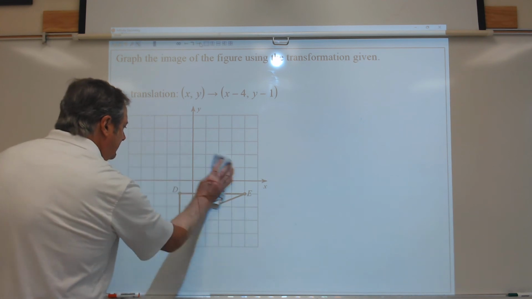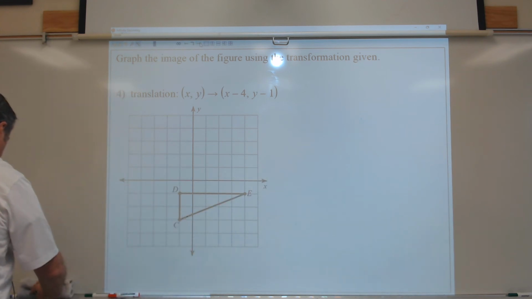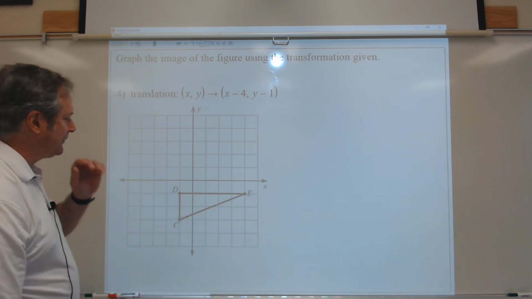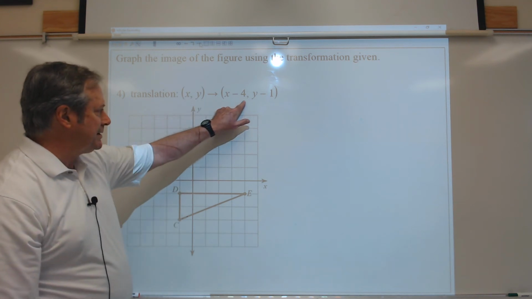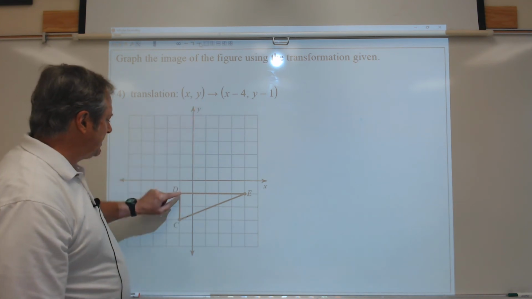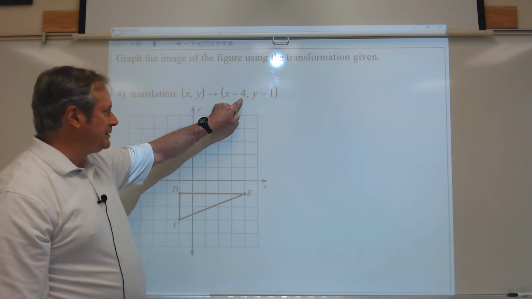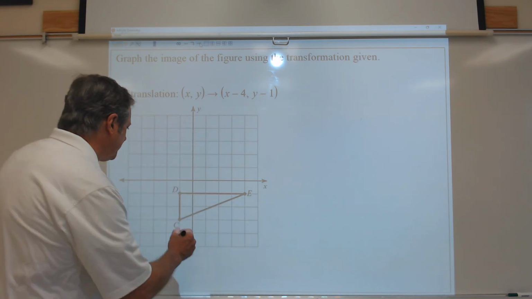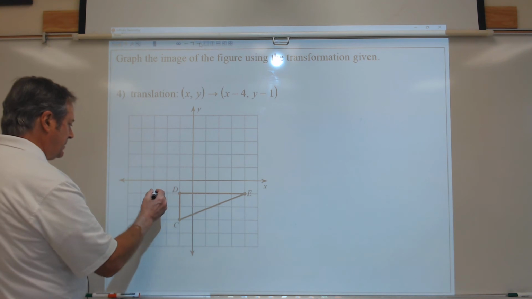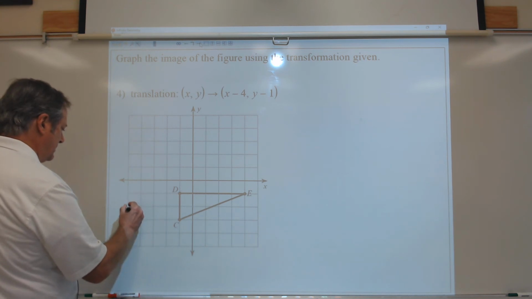All righty, here we've got a triangle. This particular transformation is a translation. Here's the rule. We take every XY ordered pair, we go left 4 units and then down 1 unit. So we go left 4, 1, 2, 3, 4, down 1.